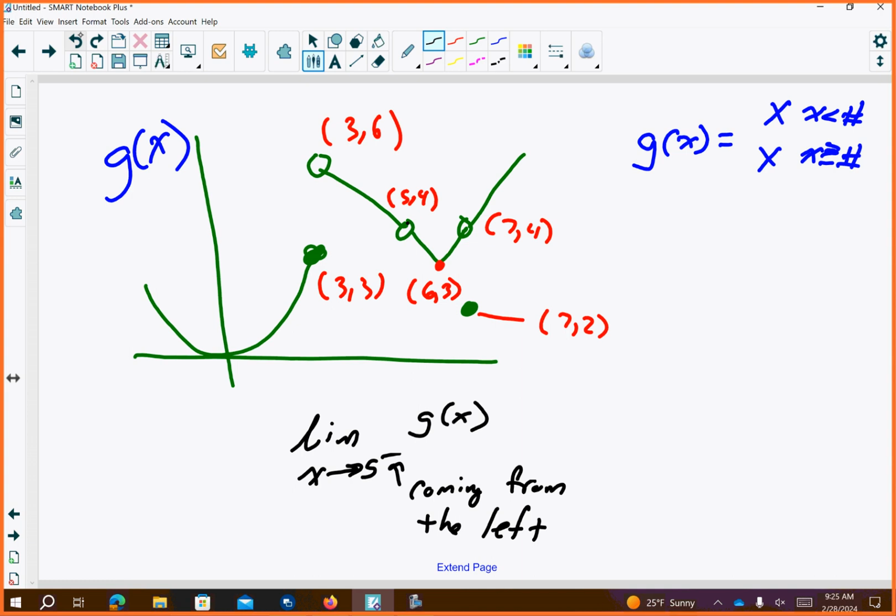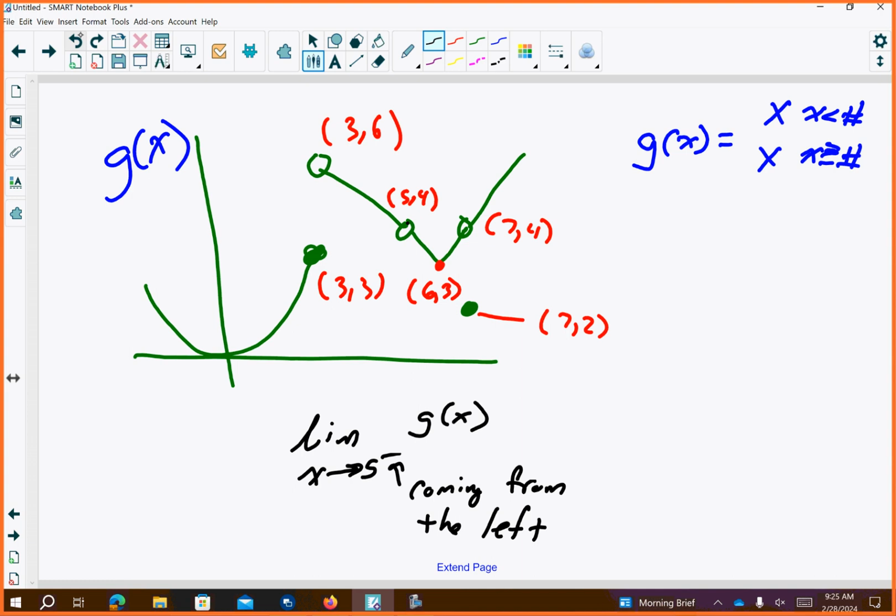So what that basically means is if I came from the left and came from the right and that same hole exists, that means my limit exists. The limit as x approaches 5 from the left, the limit as x approaches 5 from the right, or the third one down, the limit as x approaches 5, means both directions. Does the limit get to the same hole?